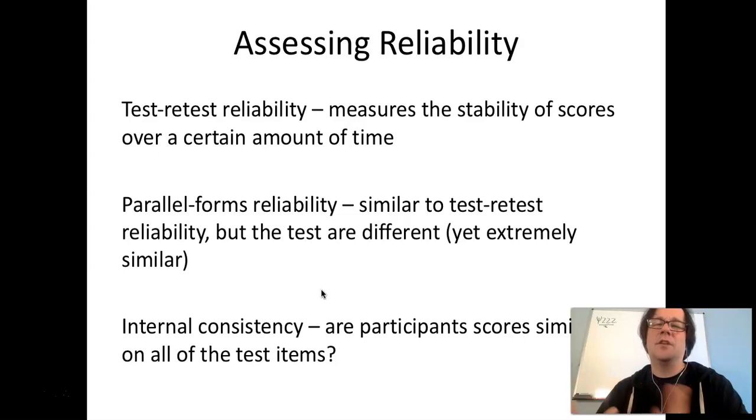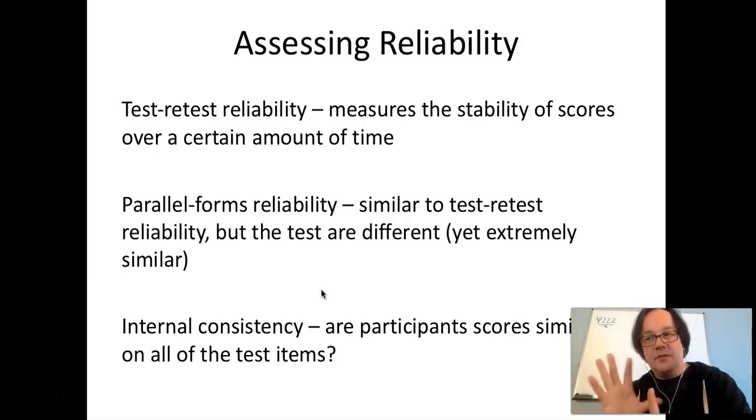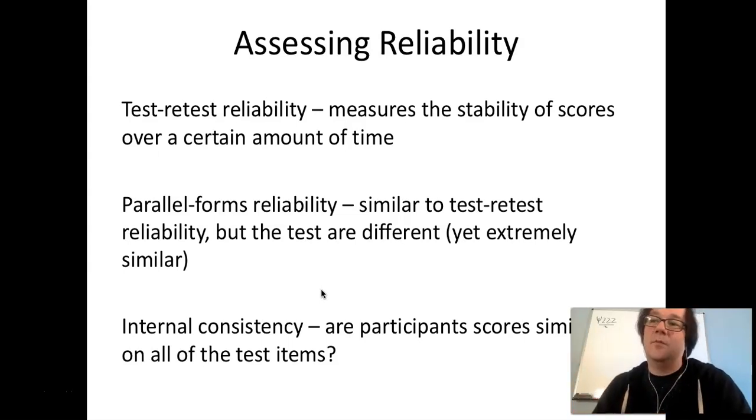So again, going back to our example, if we created a racism scale, we wanted to measure people's level of racism, and we're going to ask them 10 or 12 questions that are going to tap into racist attitudes or beliefs.